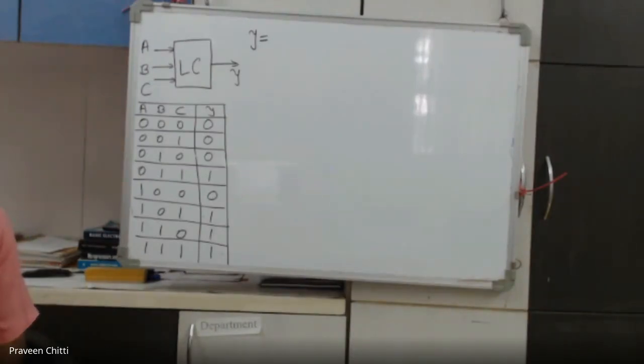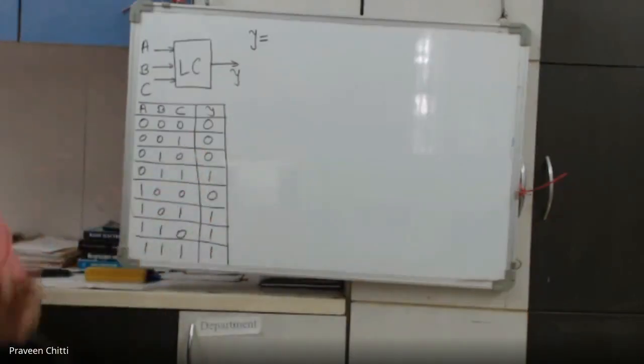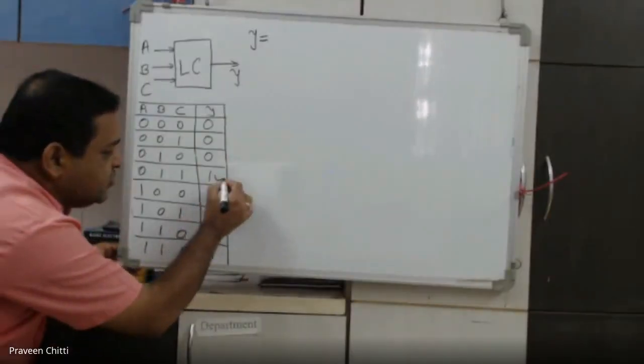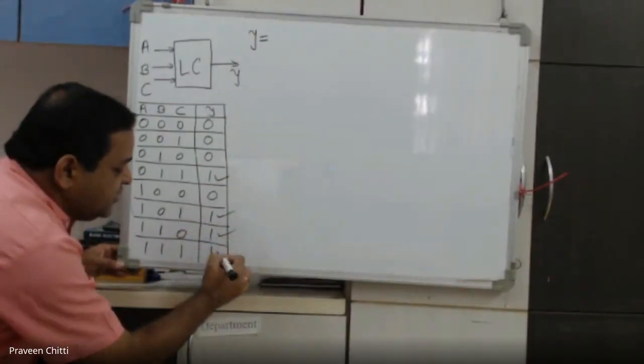How many product terms are we going to get? The number of product terms in the expression is equal to the number of ones in the output column. There are 4 ones: 1, 2, 3, 4.